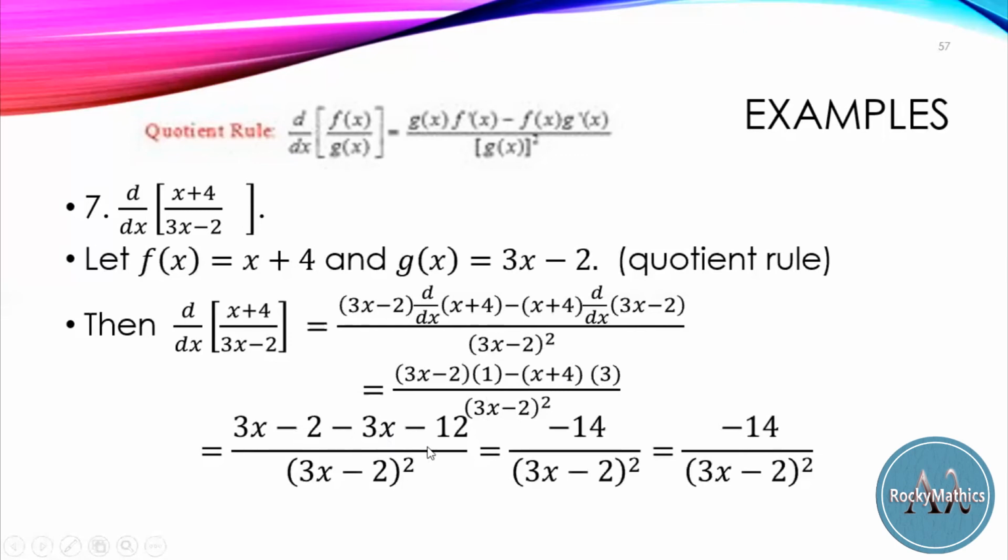Then minus 2 minus 12 is negative 14. Therefore, our final answer is equal to negative 14 over the quantity 3x minus 2 squared. This is the derivative of the given expression, and as you can see, it is in simplest form already.